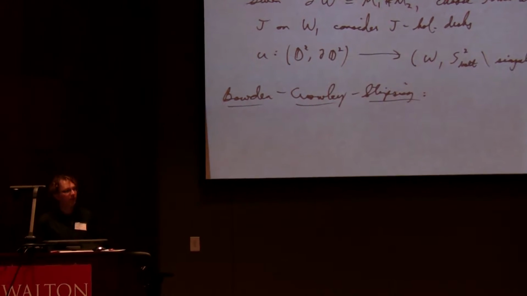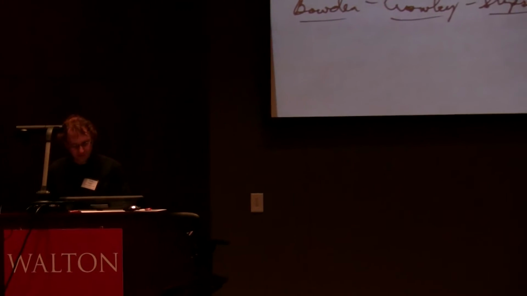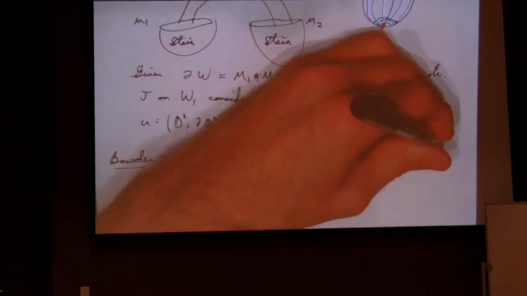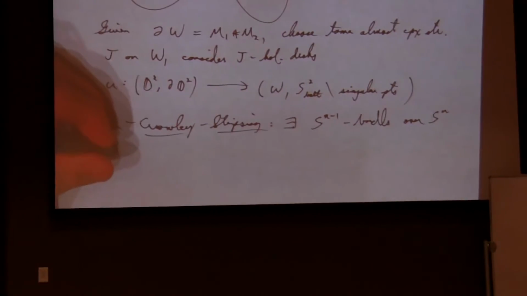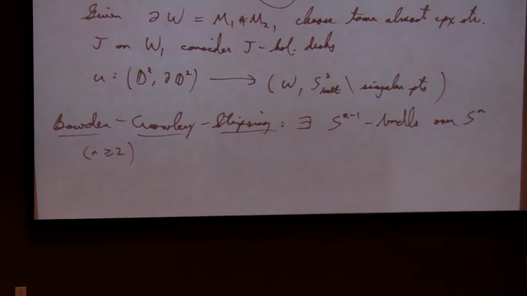And it says that in some sense, topologically, this is not true in higher dimensions. Topologically means talking about almost contact structures instead of contact structures. What you can say is there exist S^(n-1) bundles over S^n. Here I have to assume n greater than or equal to 2. I think they actually assumed something stricter than that.